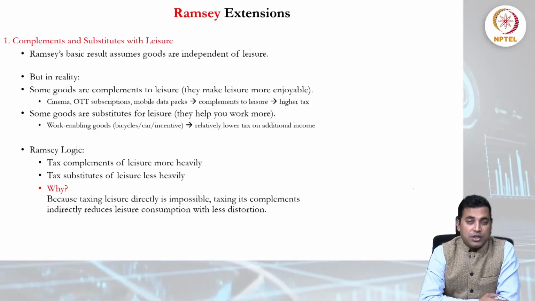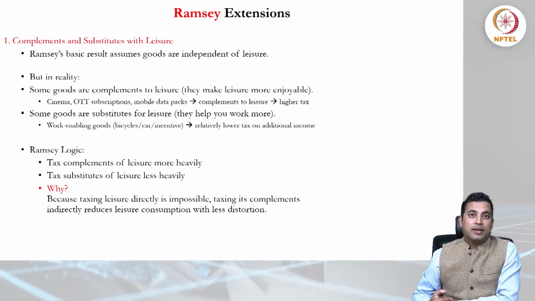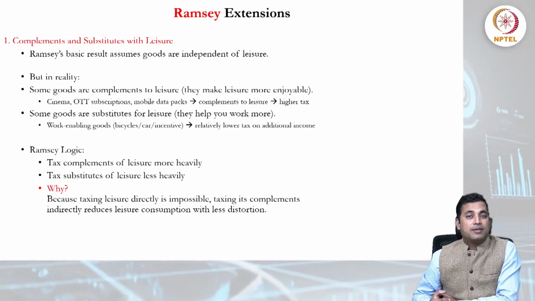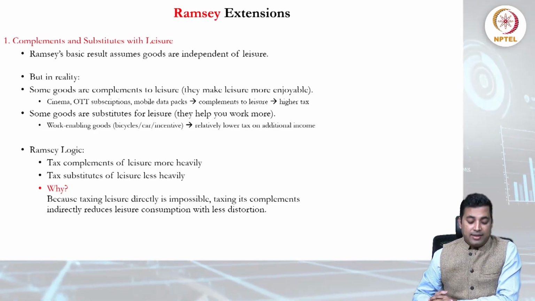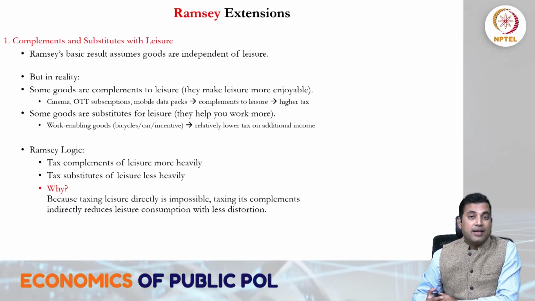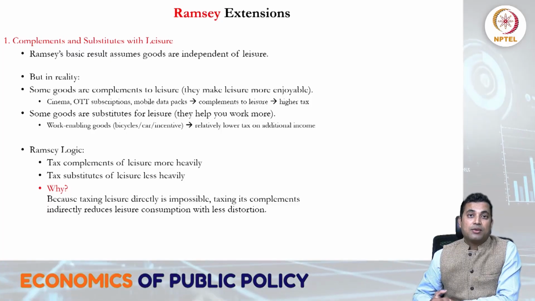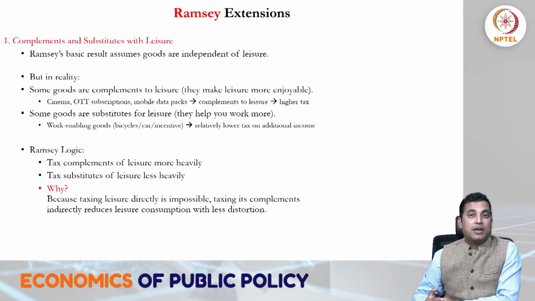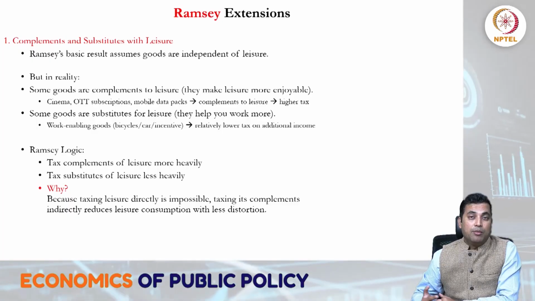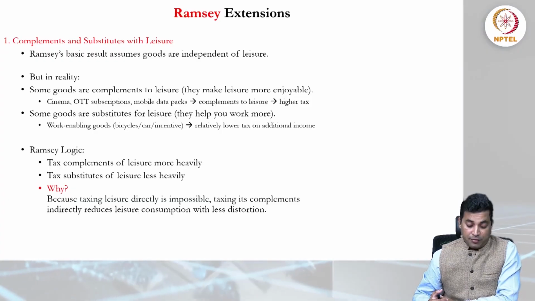Now let's take the example where some goods are substitutes for leisure. Again the complications come when we try to link tax with leisure. Take work-enabling goods, for example cars or bicycles, or incentives that motivate me to work more. With the help of a car I can reach the office well before time and spend more time in office working, so that I can earn more, and that adds to my work performance.